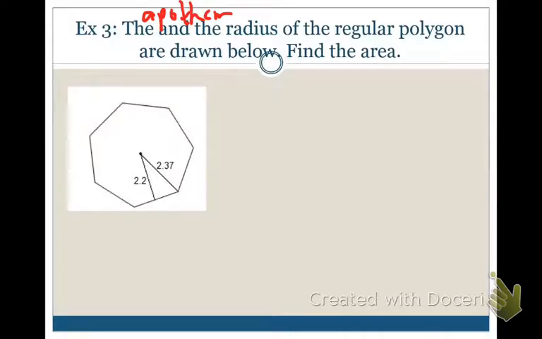What's missing to find the area? What do we need to find now? We need to find the side length. How are we going to do that, Brandon? Pythagorean theorem. All right, so we have 2.37 squared equals 2.2 squared plus x squared.